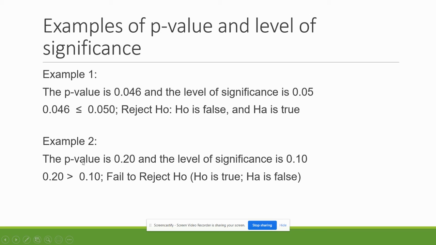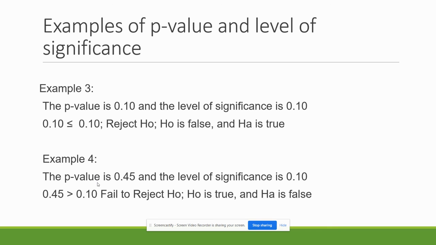Let's do example 2. The p-value is 0.20 and the level of significance is 0.10. Since 0.20 is greater than 0.10, I fail to reject the null, which means the null is true and the alternative is false.